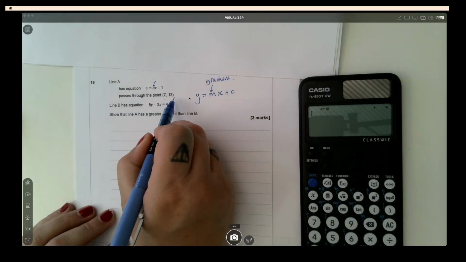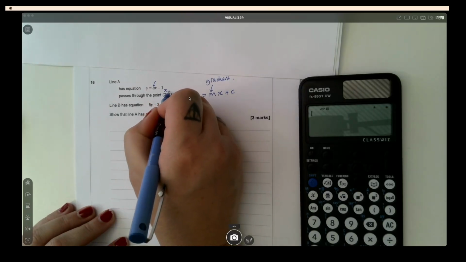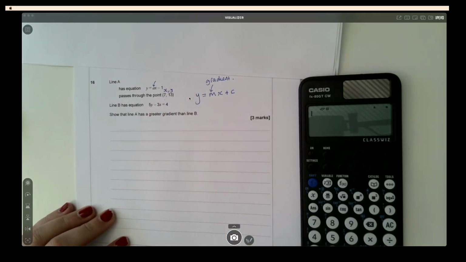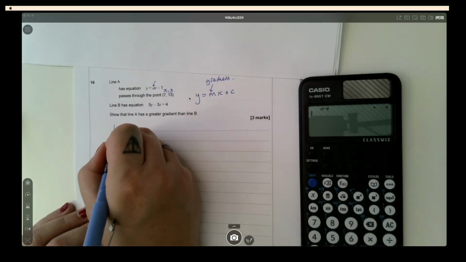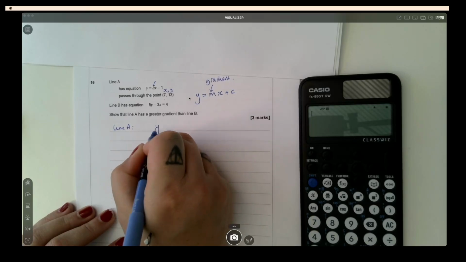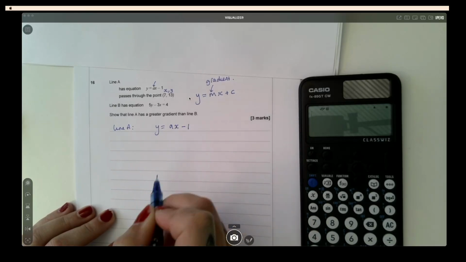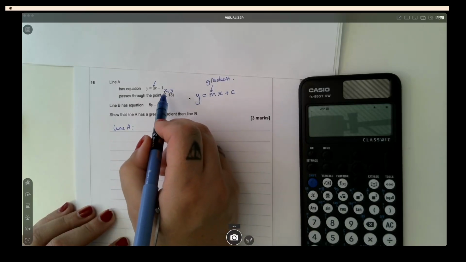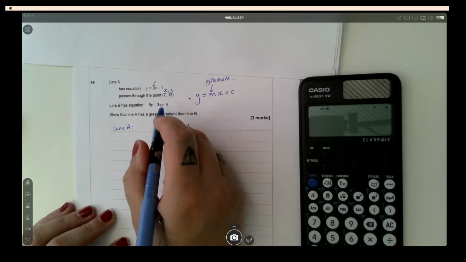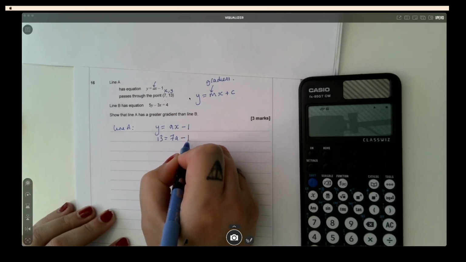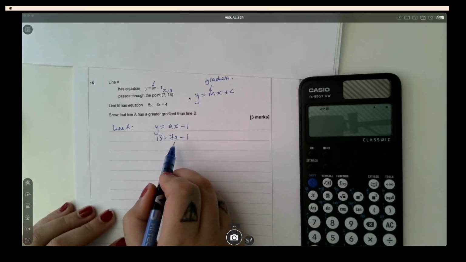It gives us a coordinate that it passes through. Remember, coordinates are x and y coordinates. So I'm going to substitute this x and this y value into line A's equation. So y equals ax subtract 1. Well, y equals 13, x equals 7, so that's 7a subtract 1. Now I'm going to solve this for a.